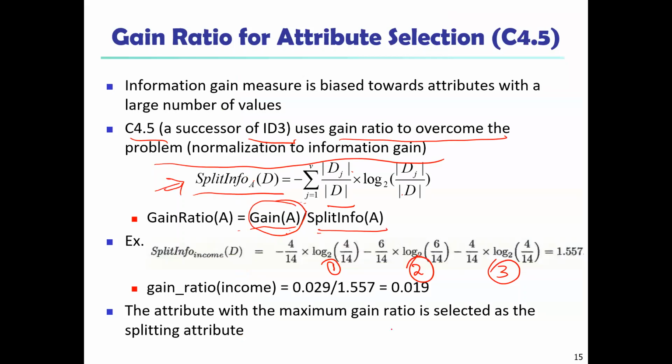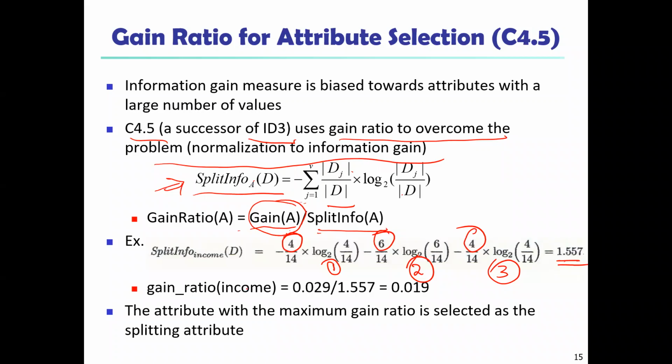So 4 for high, 4 for low, 6 for medium. We are going to find the probabilities of each value in that particular attribute, income. There are 3 different values, and for each value we are going to find this. So we are going to find the split information for income here.